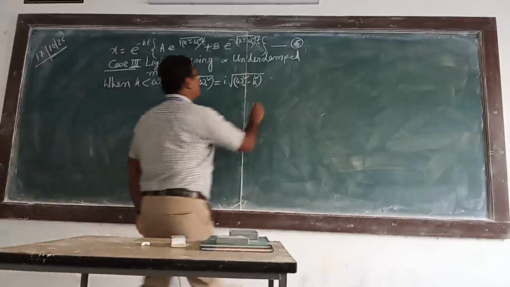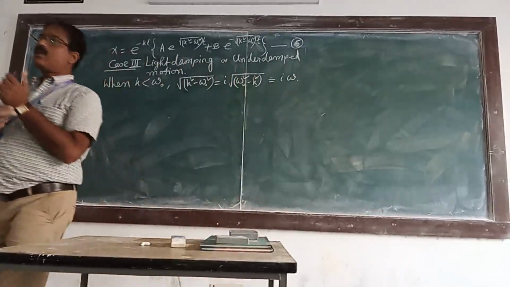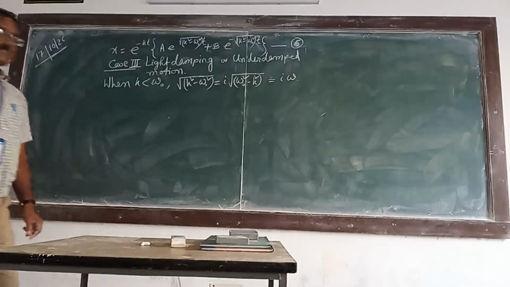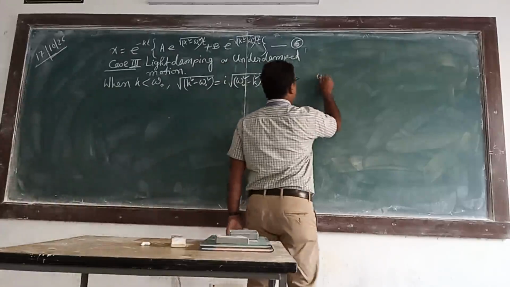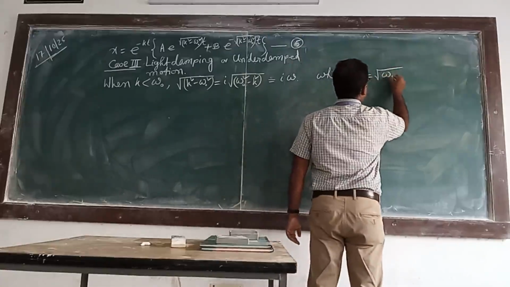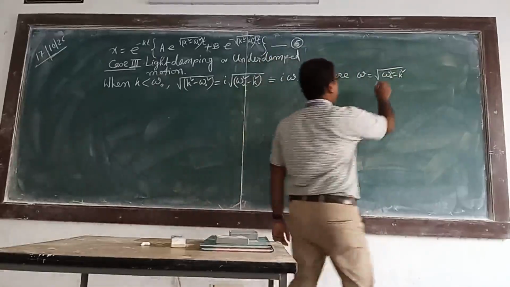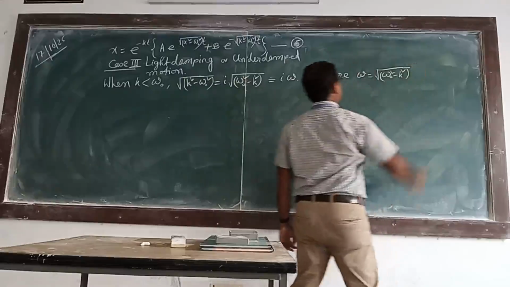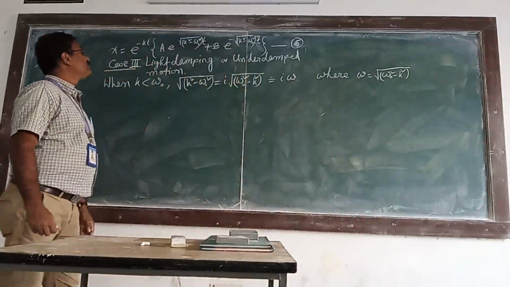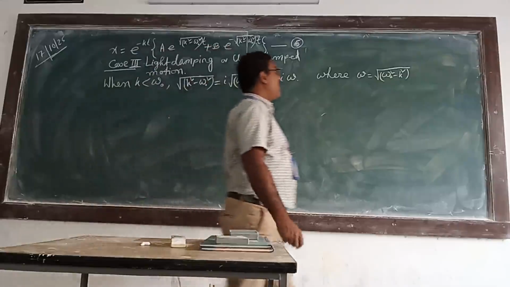So this equals i omega for simplicity, where omega equals root over omega naught square minus k square. Rather than writing it repeatedly, we write omega. I omega.